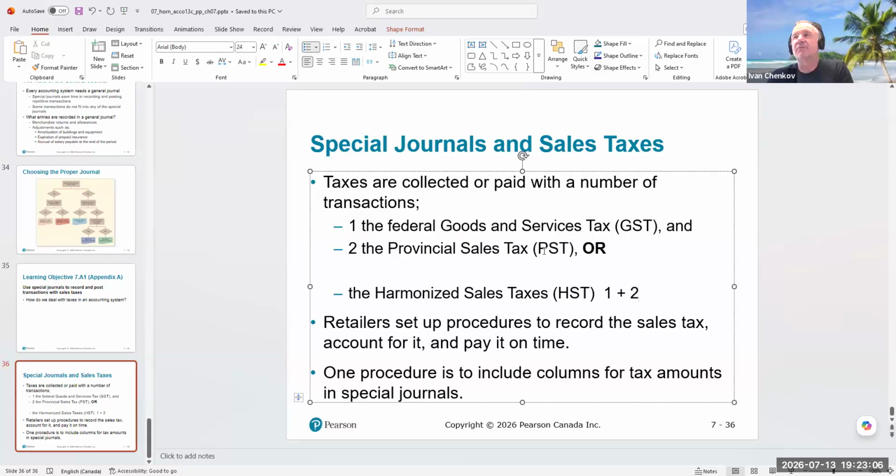What was the downside of this? If you pay close attention, some of the goods are exempt from GST, so we don't have to pay GST. Some of the items have zero GST, so we also don't pay. Provincial taxes are paid on the goods when you purchase the goods. When we purchase services, there's no portion of provincial sales tax.